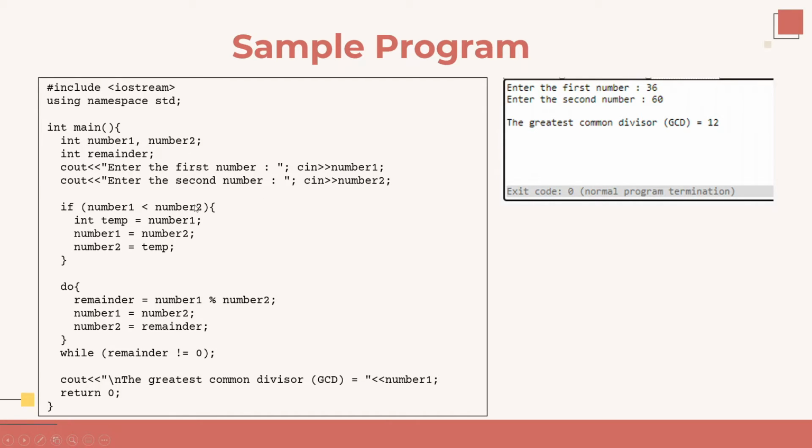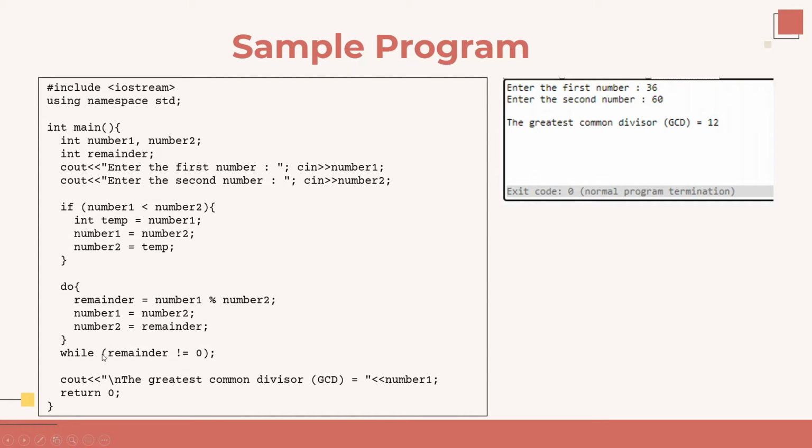This line is used to swap the values to make number 1 greater than number 2. So if number 1 is less than number 2, we swap the values of number 1 and number 2. And then do: set the value of remainder to the result of number 1 modulo number 2, change the value of number 1 to the value of number 2, and then change the value of number 2 to the value of remainder.